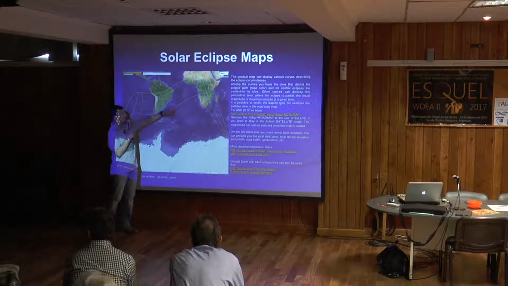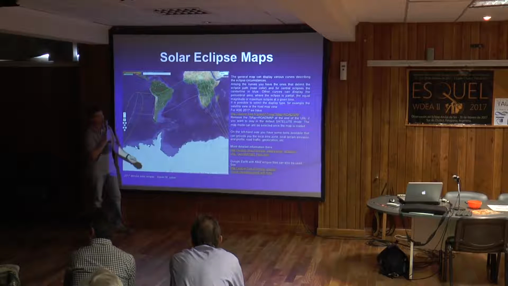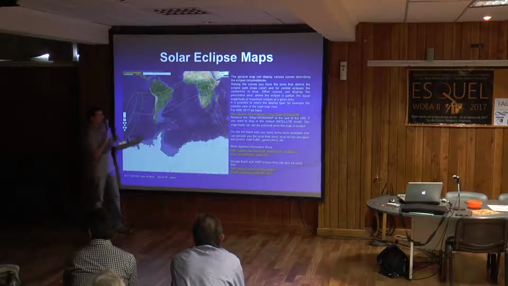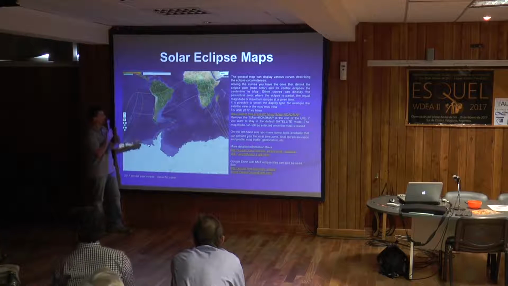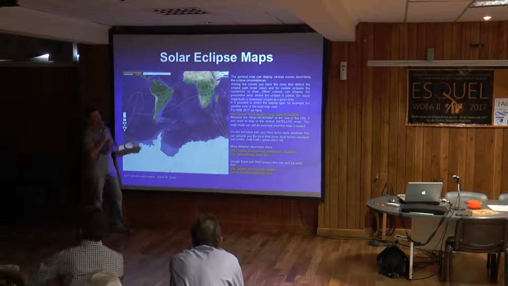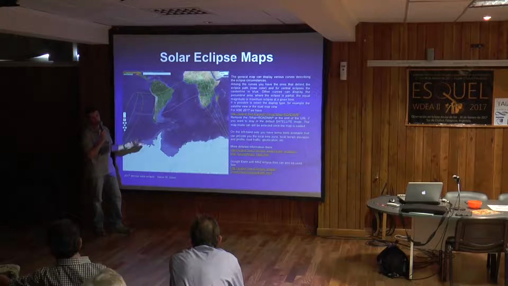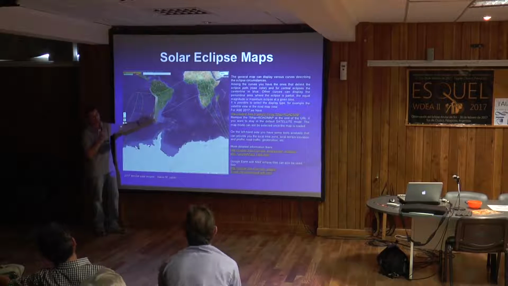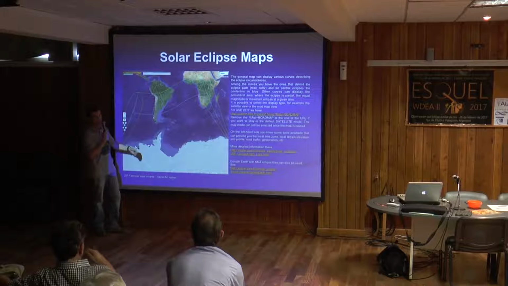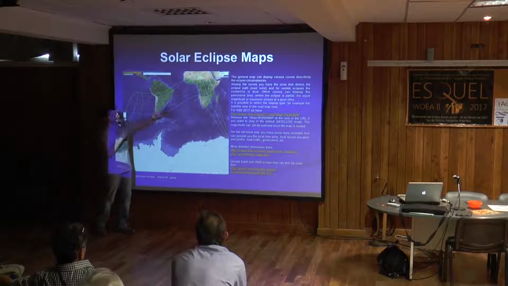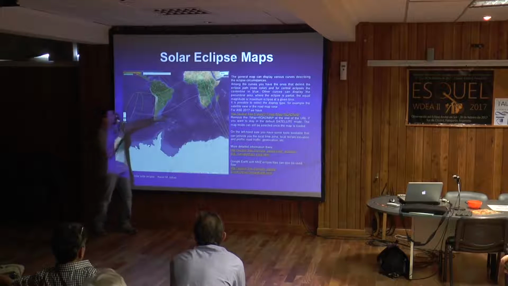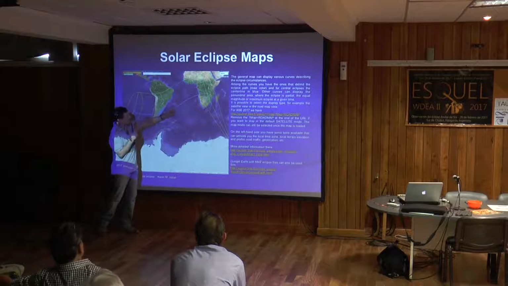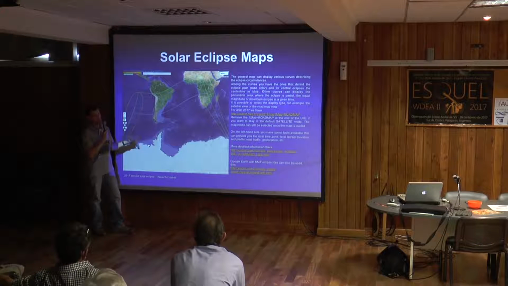Often we also represent the point of greatest eclipse. It's where, in fact, usually the moon and the sun are aligned with the Earth, but it has no particular interest. For a total eclipse, for example, near that point is usually where the duration is the longest.